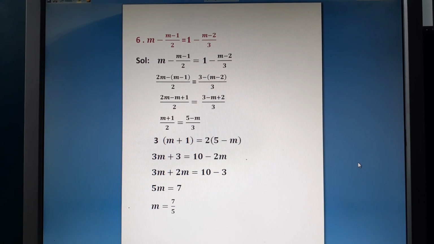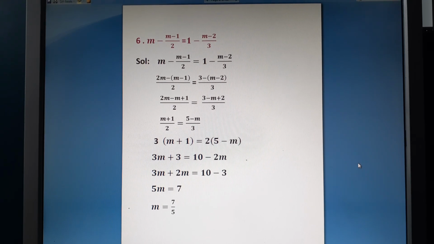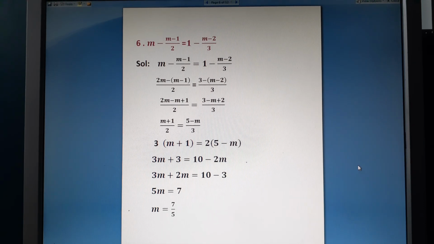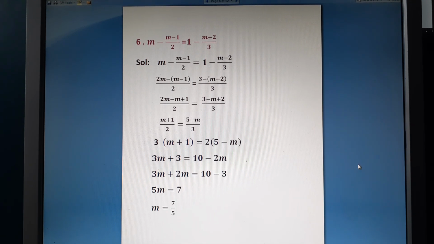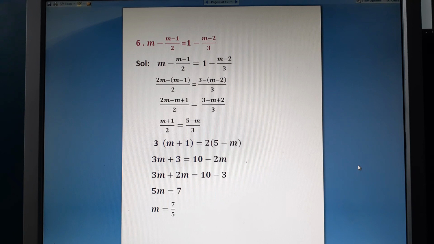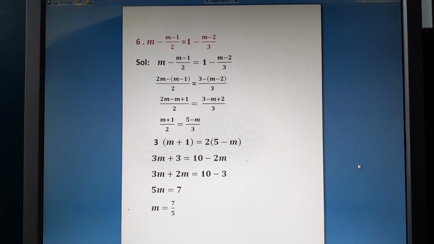Do the cross multiplication. We get 3 into (m + 1) = 2 into (5 − m). 3 into m, 3m, plus 3 into 1, 3, is equal to 2 fives are 10 minus 2 into m, minus 2m.